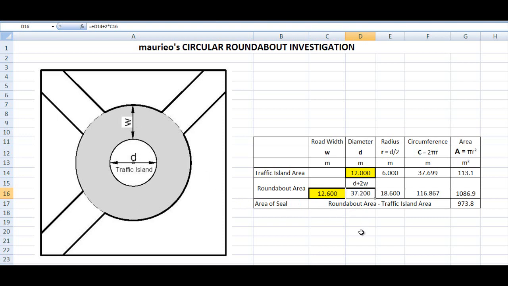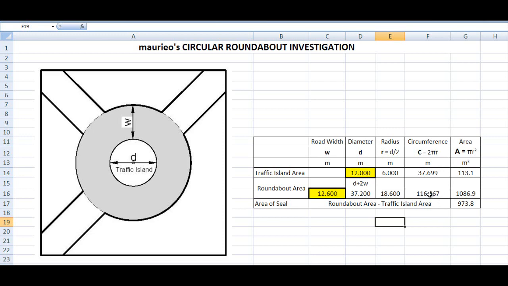If we push the F2 button, you can see it's D14, which is our diameter, plus 2 times C16, which is the width, and that gives us the diameter of the larger circle. Divide that by 2 to give us the radius.